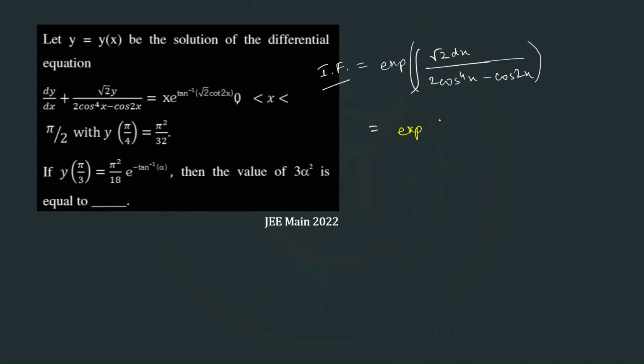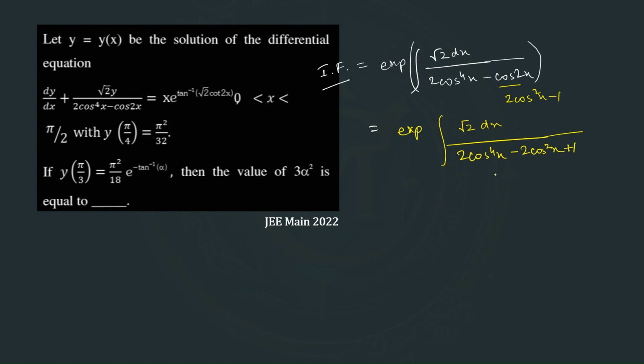It will be exponential of the integral of root 2 dx divided by, this we can write as 2 cos square x minus 1. So this will be 2 cos to the power 4x minus 2 cos to the power 2x plus 1.